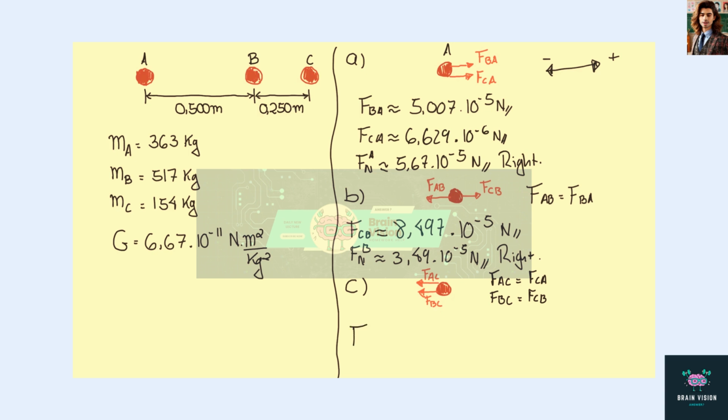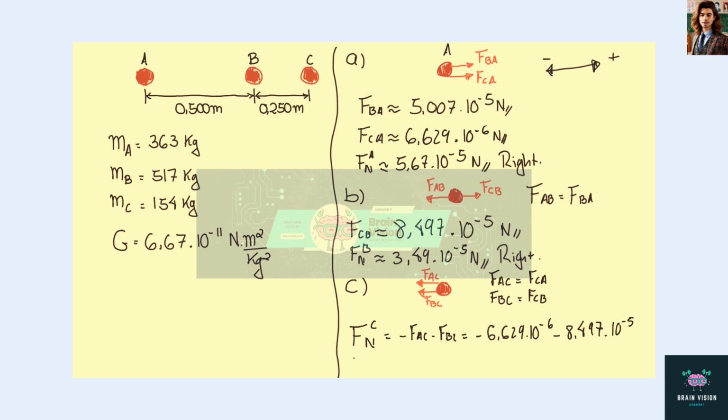So the net force that acts on particle C is equal to, as both forces are pointing to the left, both forces will have a minus sign. Therefore, we have minus FAC minus FBC, and this is equal to minus FAC, which is 6.629 times 10 to minus 6, minus FBC, which is 8.497 times 10 to minus 5.